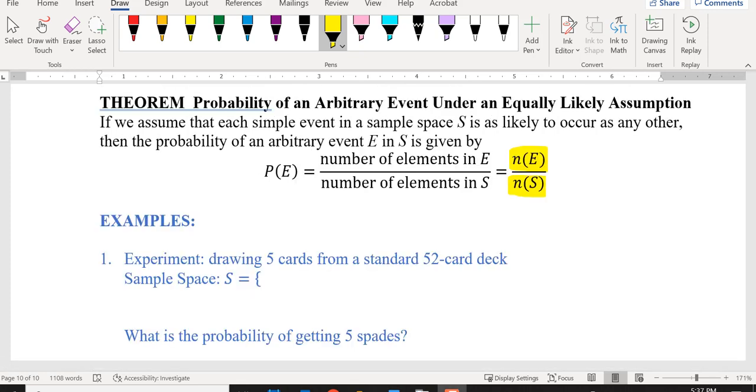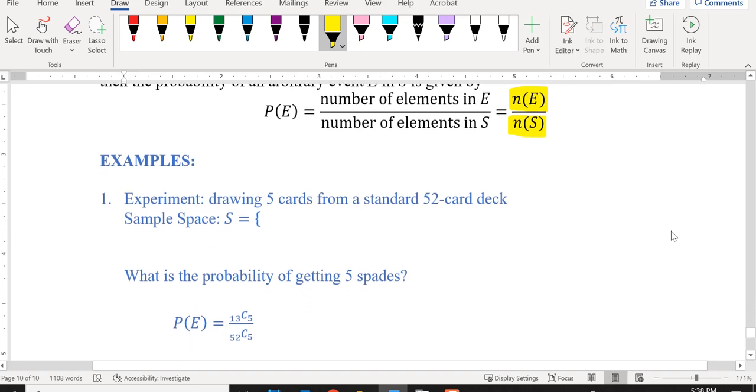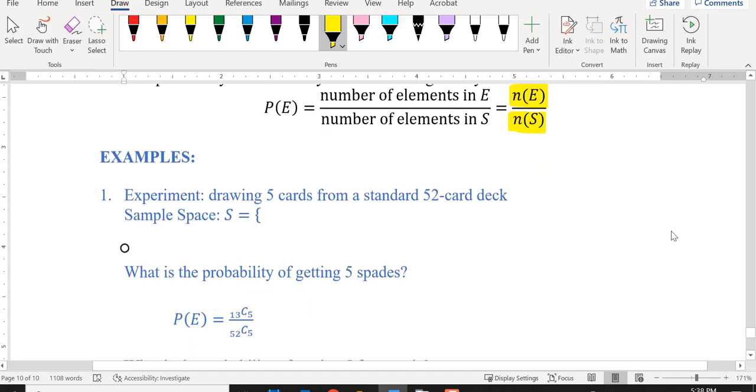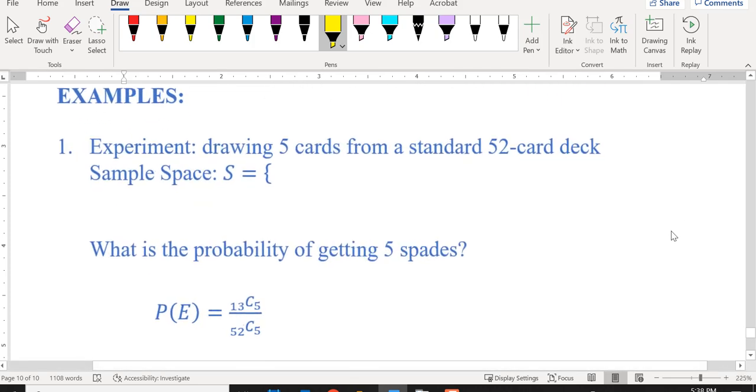Some examples. The experiment: we're going to draw 5 cards from a standard 52 card deck. So that sample space is going to be all those 52 cards. What's the probability of getting 5 spades? Okay, the event. How many things are in that event? Let's break this down.